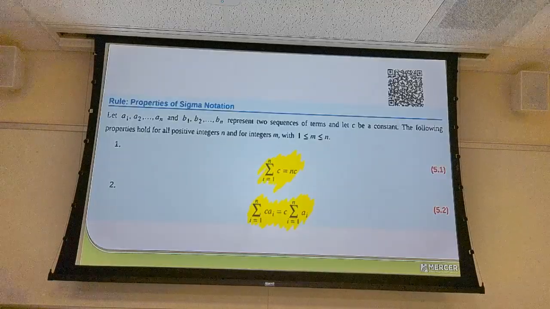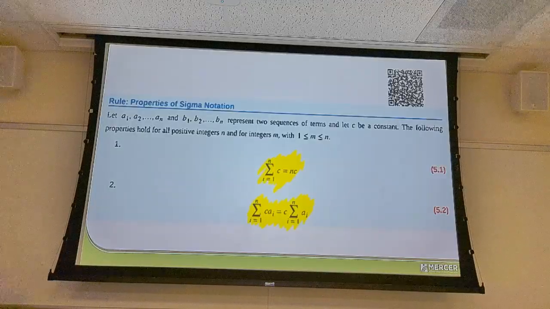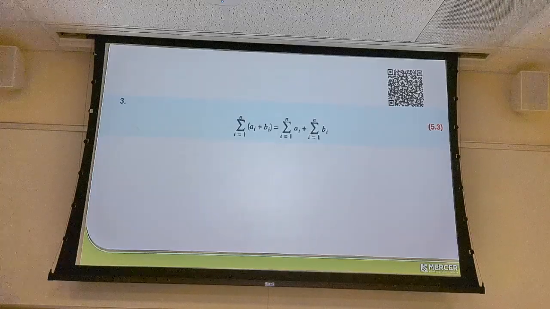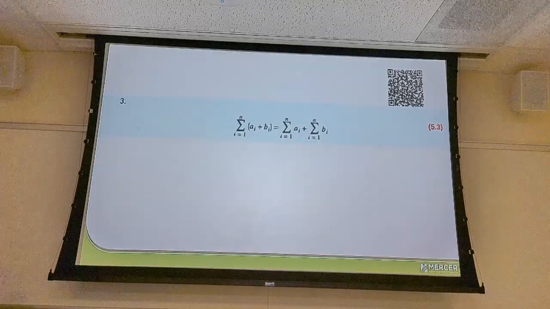This one might be a little less obvious. You take the sum of a_i plus b_i, it's the sum of a_i plus the sum of b_i.